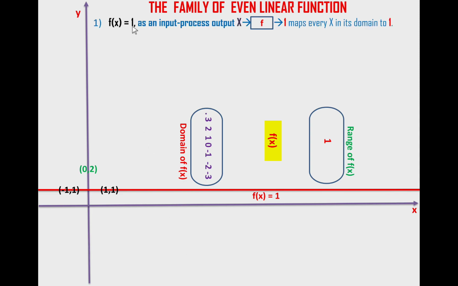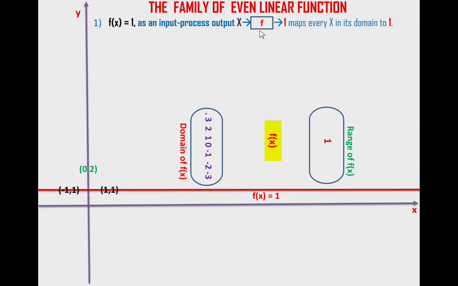f of x equals 1, we can model it as input process output by the abstraction x feeding a process. f is a representative of the process, and the output of the process will be equal to 1.